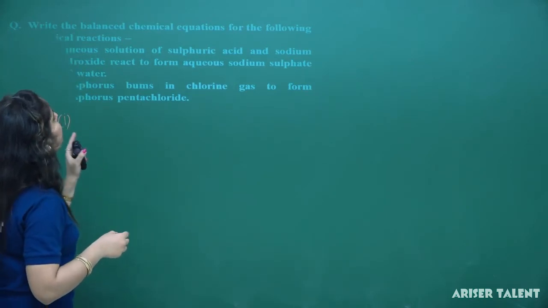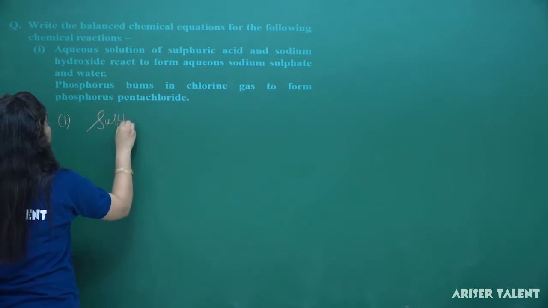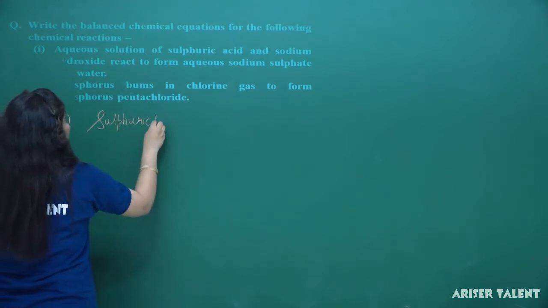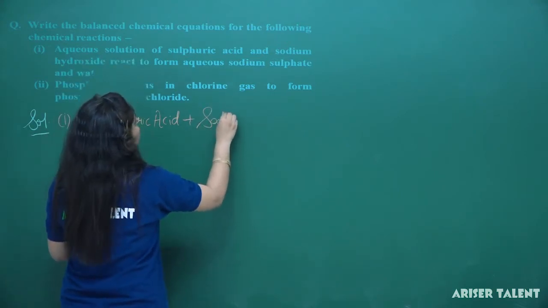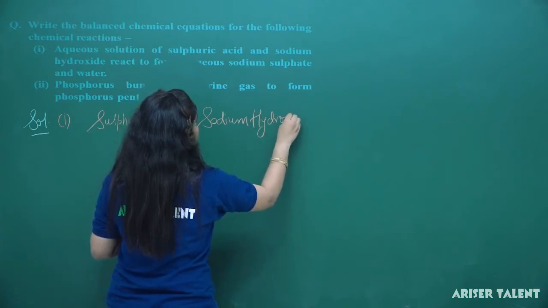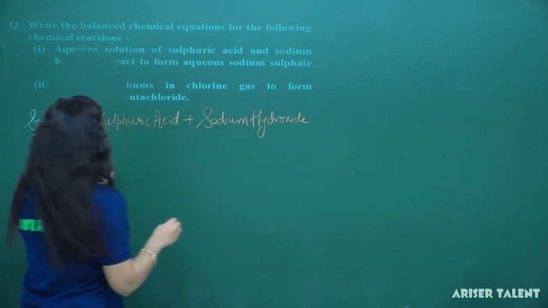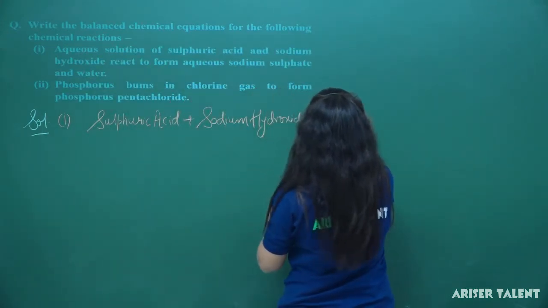Aqueous solution of sulfuric acid and sodium hydroxide. So we are provided with sulfuric acid plus sodium hydroxide. Sulfuric acid and sodium hydroxide give sodium sulfate and water.